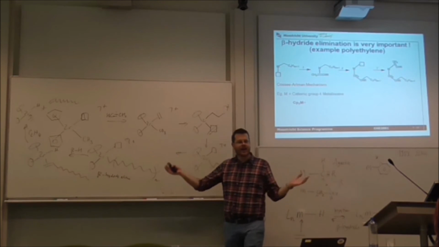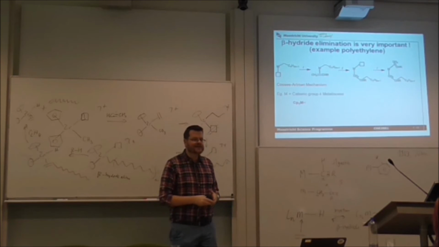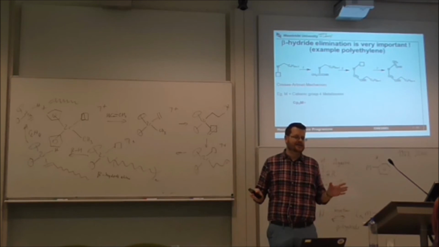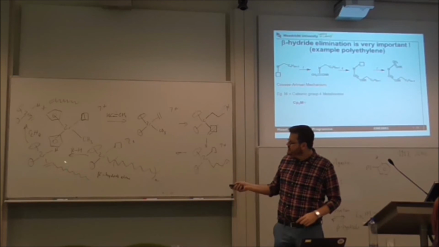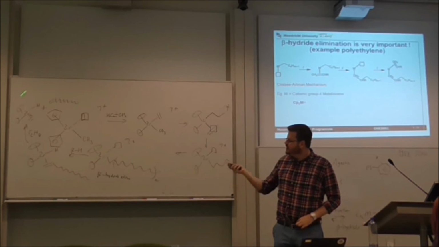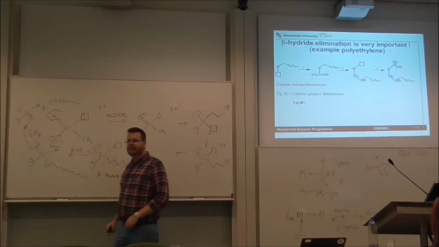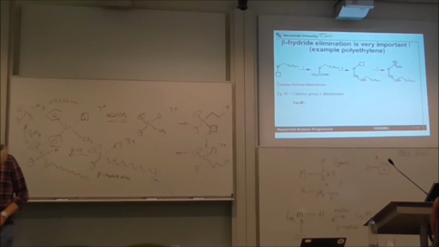You can make long chain polymers, short chain polymers. You can do stuff like stereoselective reactions. It's just amazing. The point is, the last step in this very important process is beta hydride elimination. And all the plastic that you people use probably comes from this reaction, right?